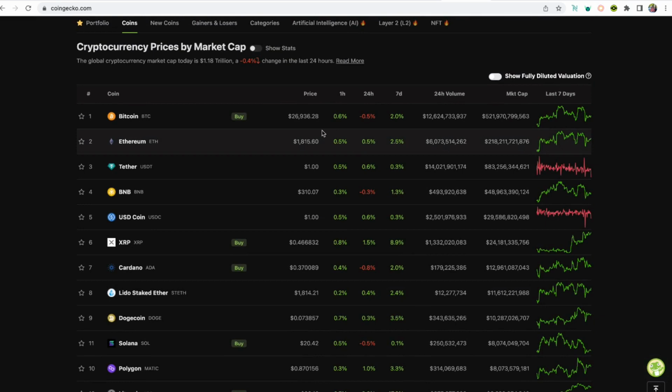And so what you're going to see is it's going to have the volume, the change of volume, the entire volume over a 24-hour period in US dollars, and then the entire market cap of Bitcoin. So look at this, $12,624,733,000 has been traded in Bitcoin in the last 24 hours. That's a lot of trading going on.